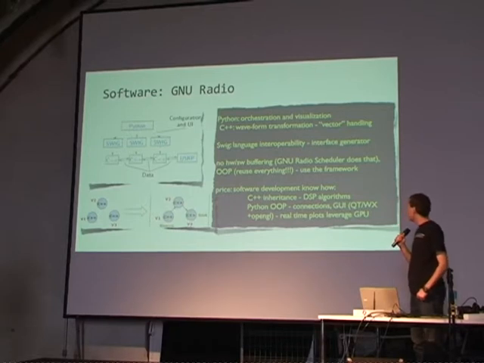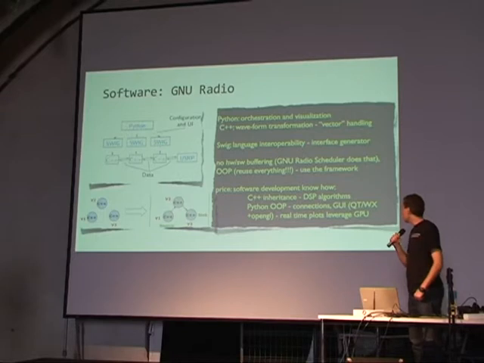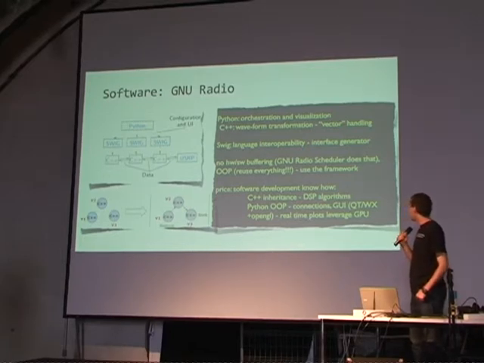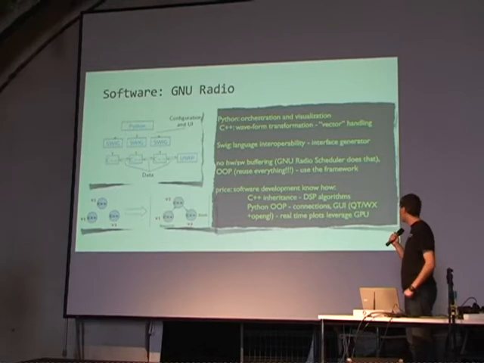That comes at a price: you need specific software development know-how. So it's actually C++ inheritance, Python OOP with Qt and React stuff, which is used for the graphical things, and the real-time plots to leverage the GPU, so it's OpenGL programming sometimes.